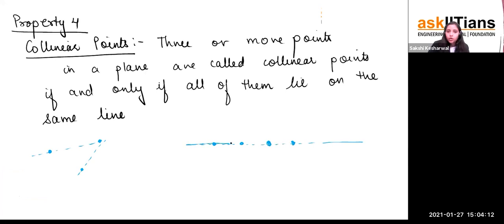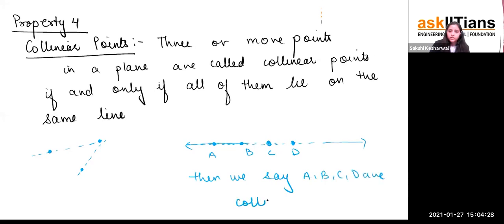So when you join all these 4 points and a line is formed, then we say A, B, C, D are collinear points, right?